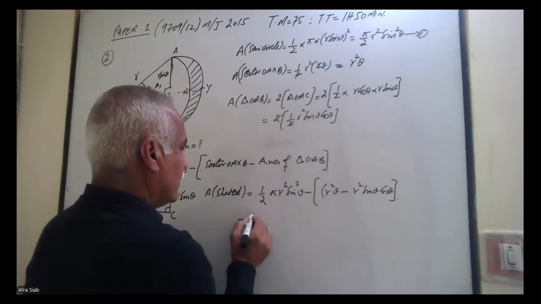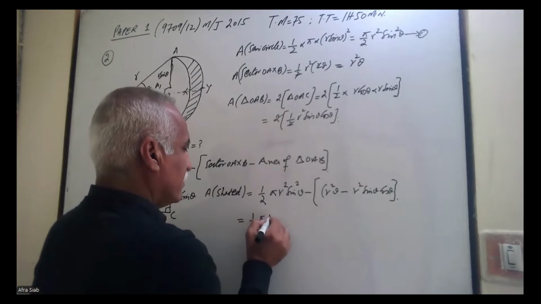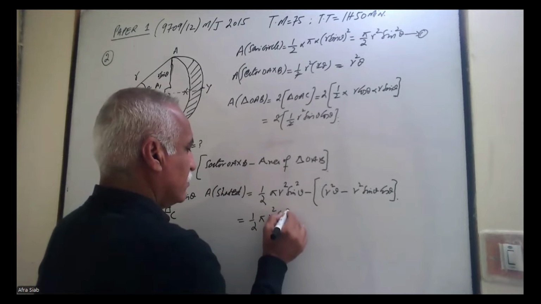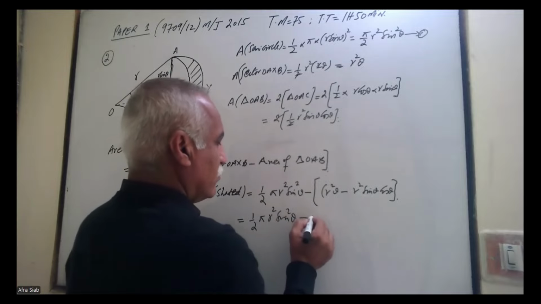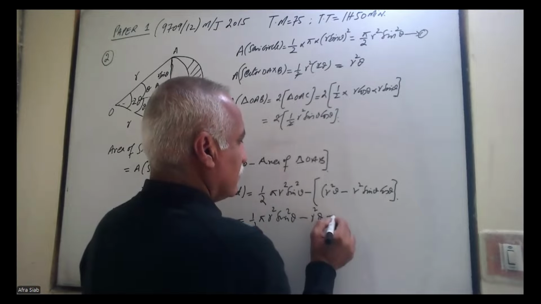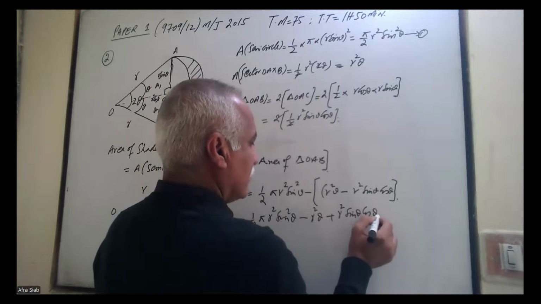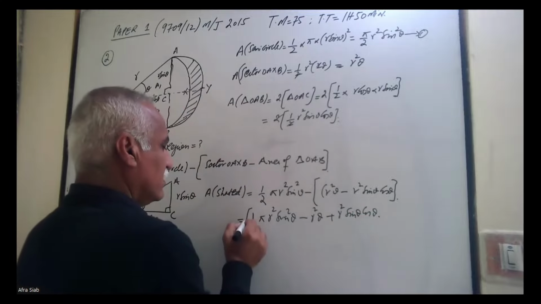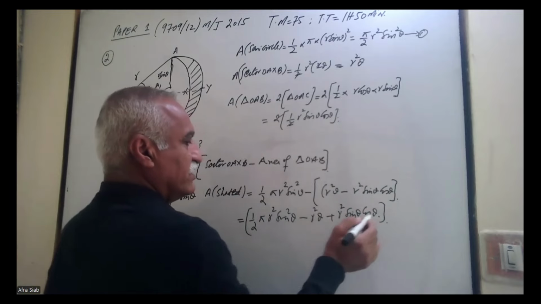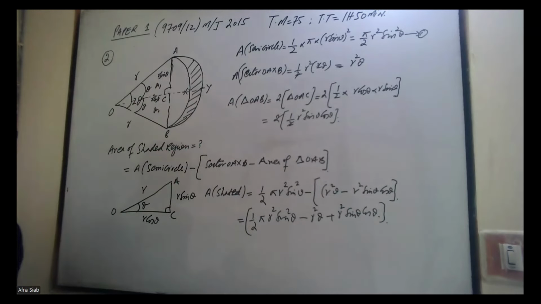So this is finally equal to half pi r square sin square theta minus r square theta plus r square sin theta into cos theta. So this is the required area of the shaded region of this part there.